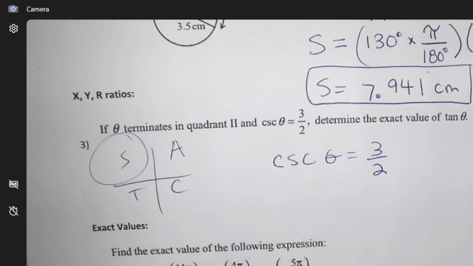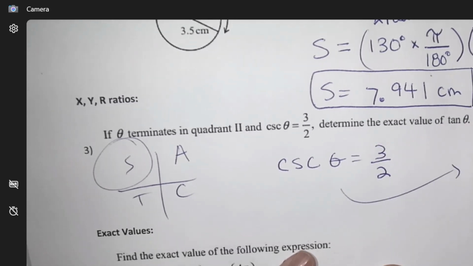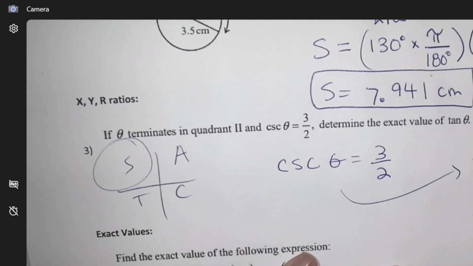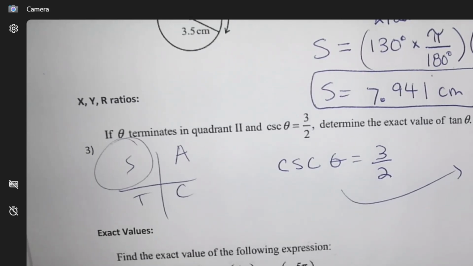Cosecant is the flip of sine. What is the X, Y, R stuff with the sine?